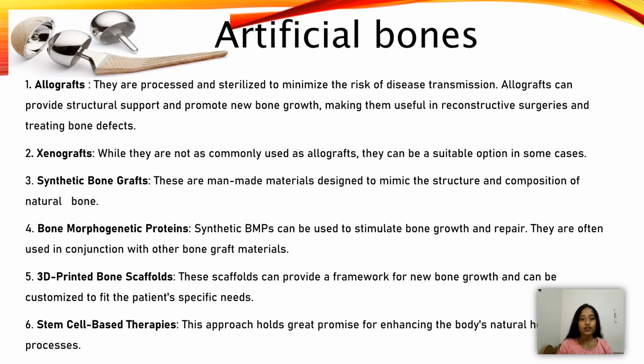These materials are used due to their biocompatibility and also the ability to integrate with natural bone tissue. Bone morphogenetic proteins, BMPs in short, can replace the specific proteins that are missing in the bones. They also help in the healing and bone development.